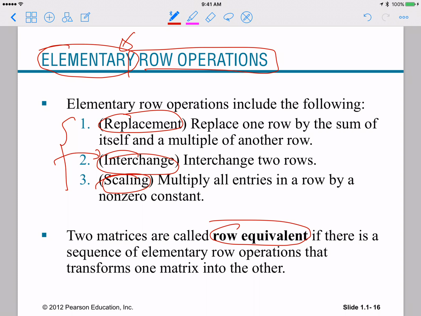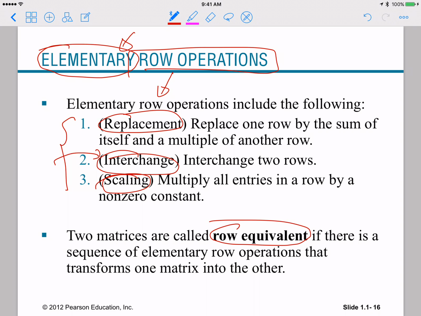Okay, and then purely from these elementary row operations, when we can change one matrix into another matrix by only using these three possible row operations. Again, we were able to change one matrix into another matrix by using some of these operations, but not any other kind of operations.